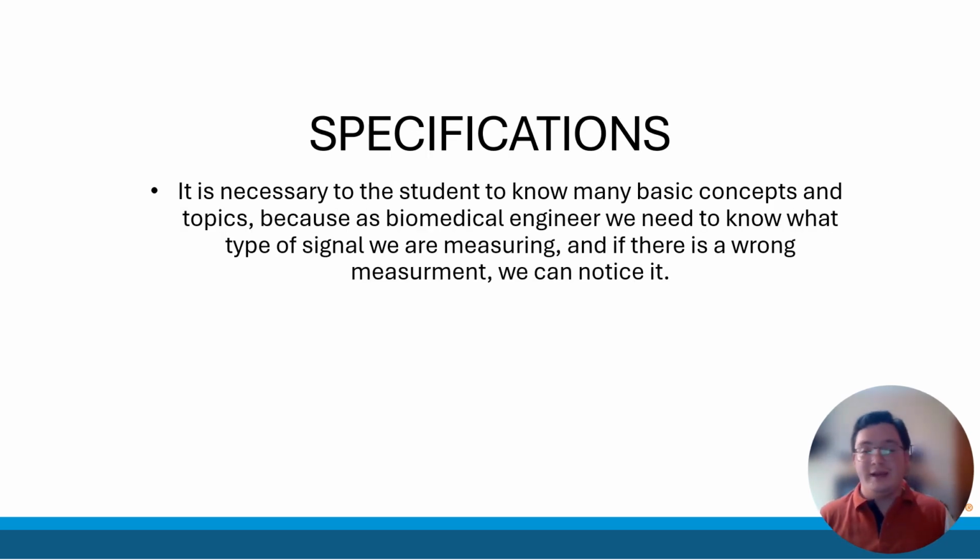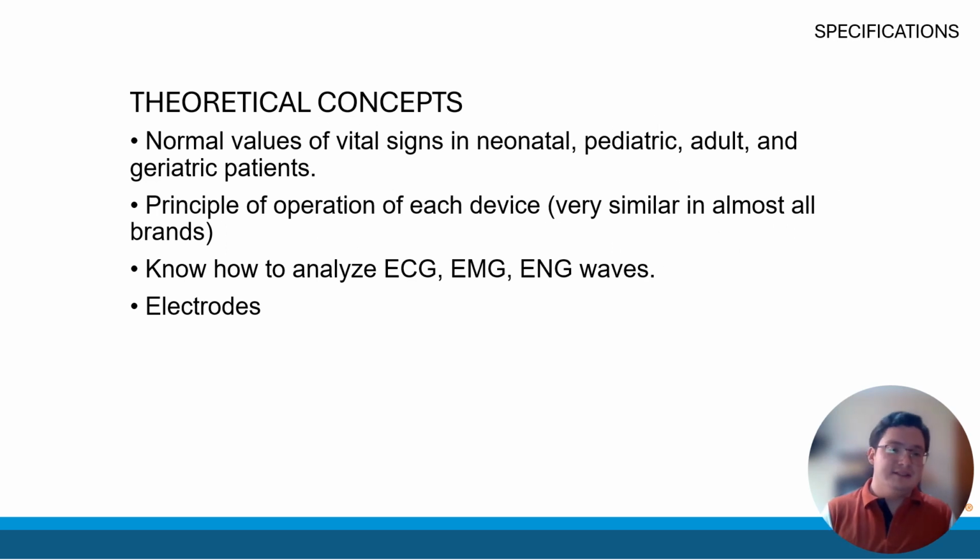And obviously we have some specifications in this project. It's necessary to understand two principal topics: the theoretical concepts and the medical and biomedical devices' operation modes. Well, in theoretical concepts, we have to understand and know what the normal values of vital signs are in neonatal, pediatric, adult, and geriatric patients because these values are not the same at different ages.